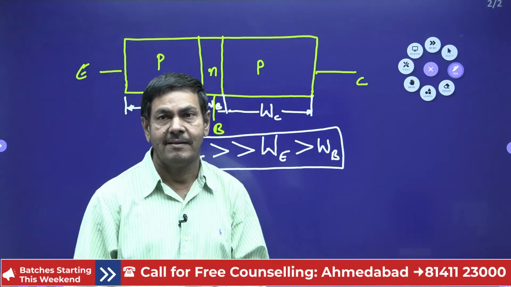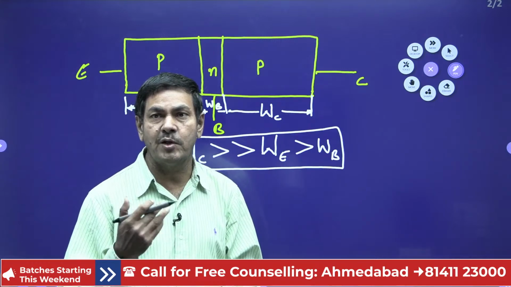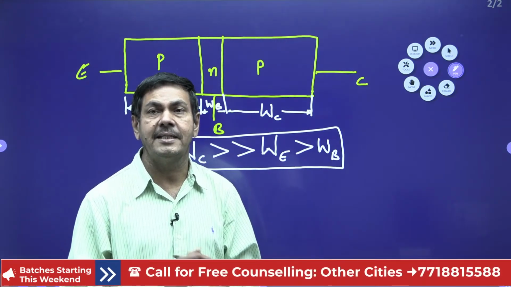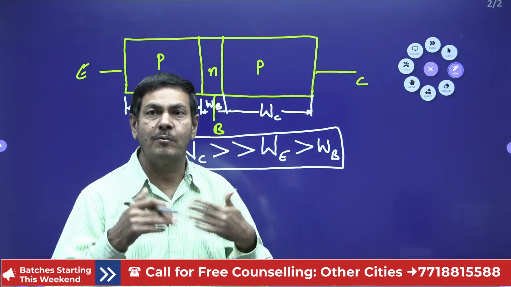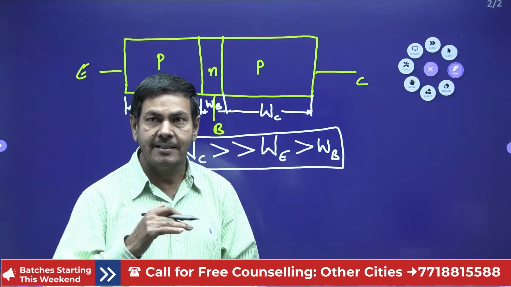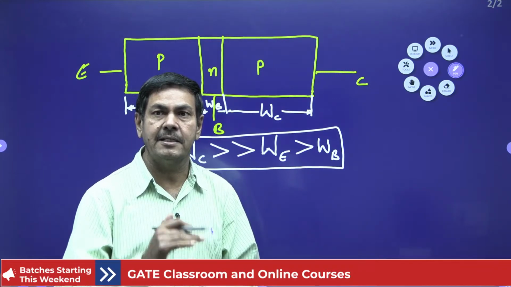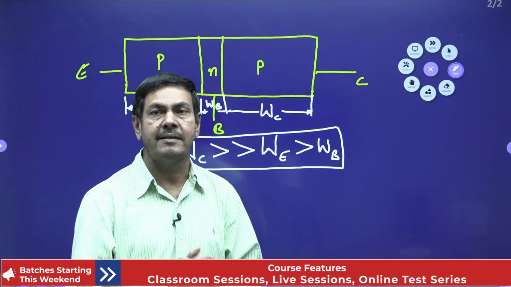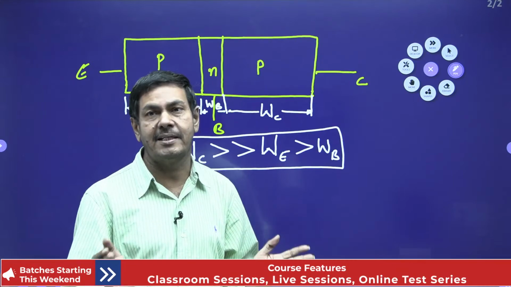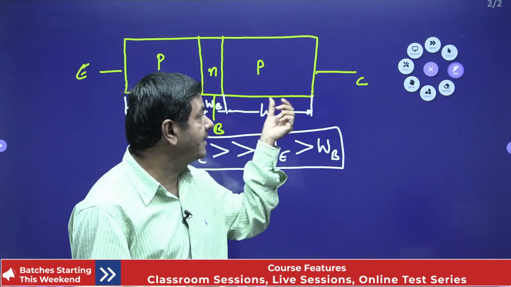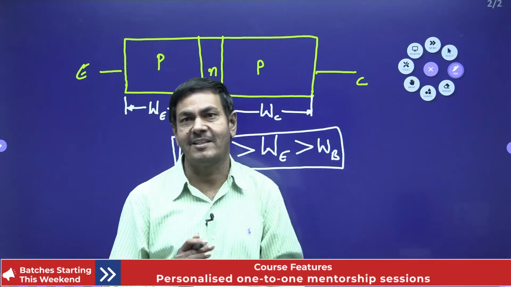When the power consumption is more, more and more heat is going to develop. That heat I want to dissipate. To dissipate the power at the collector region, you need to arrange the width of the collector very large. That is a must.